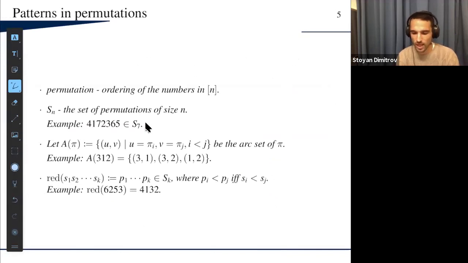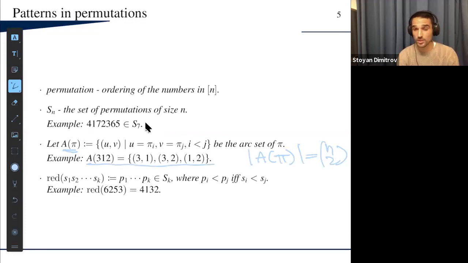I will also use the notation of arc set for a given permutation, which is just those pairs of numbers such that, if we denote them by uv, u is before v in the permutation. Here is a simple example. Every time I have a permutation pi of size n, the number of elements in the arc set will be just n choose 2. And you'll see why I need this in a minute.